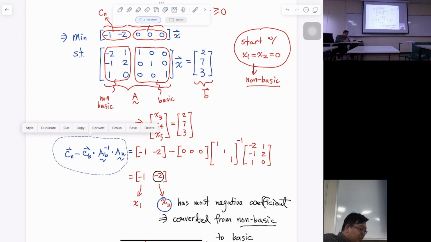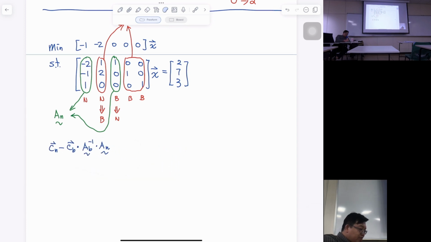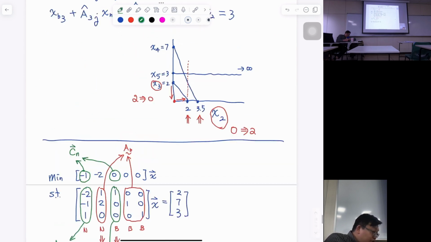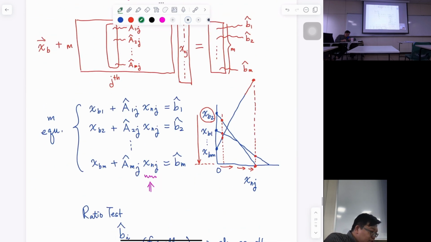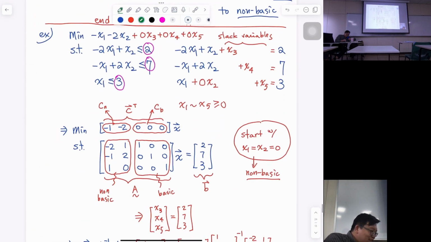So we're going to do this, copy, and then paste it here. Now, Cn would be, so this would be my Cn. Actually, transpose, if you want to write the transpose. I should write the Cn transpose. Because I was using dot product.